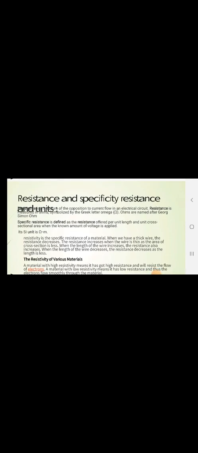So I repeat again the same. According to the derivation, I can derive that R is directly proportional to length and R is also inversely proportional to area. Then R is equal to rho into L by A. The rho is denoted by specific resistance or resistivity.